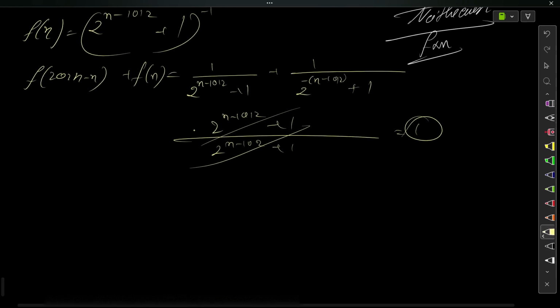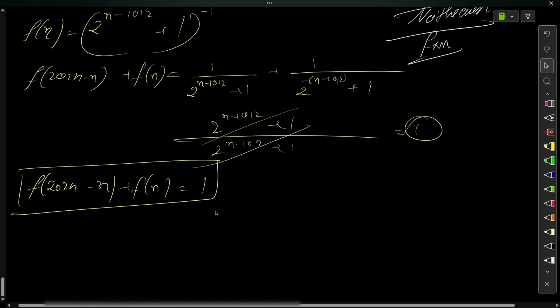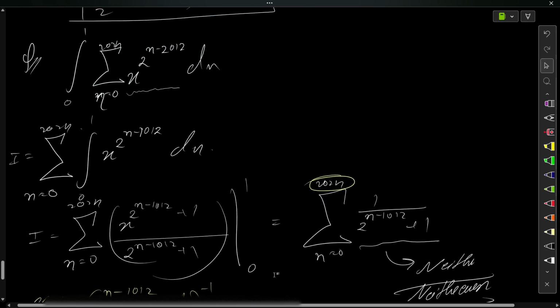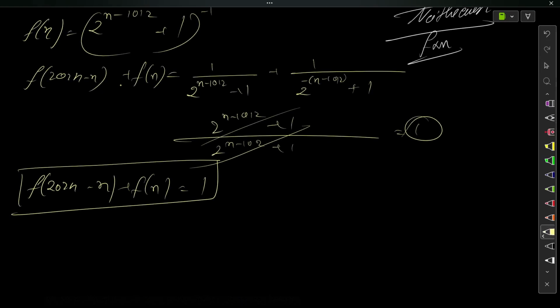So from here I can conclude through symmetry that f of 2024 minus n plus f of n is equivalent to 1. This behavior is the main game for this whole integral, or else this could be done using the convergence theorem, but this is much better. This symmetry is the main thing we are observing here.